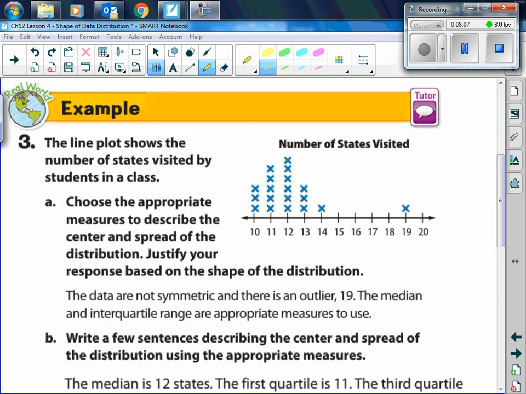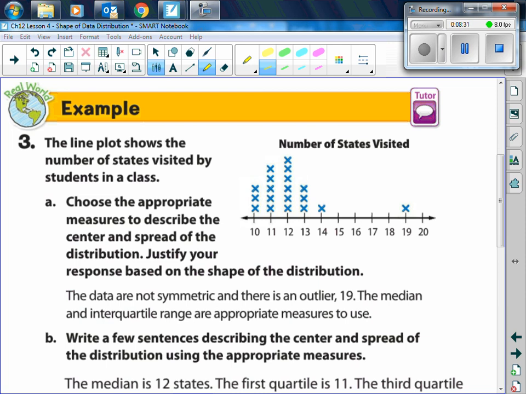For example 3, it says the line plot shows the number of states visited by students in a class. We want to choose the appropriate measure to describe the center and spread of the distribution, and then justify our response based on the shape of the distribution. First, is it symmetric? No, it is not symmetric.